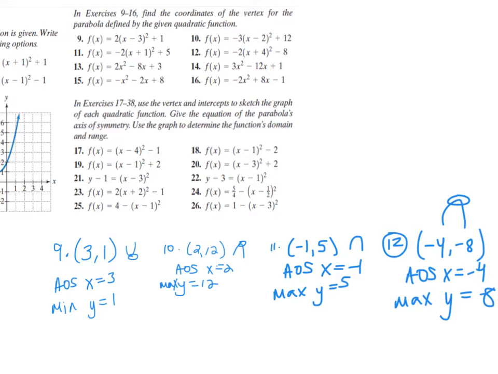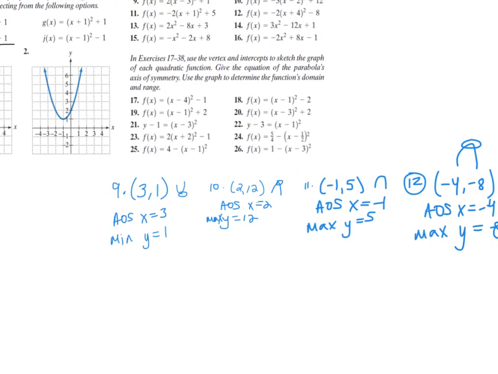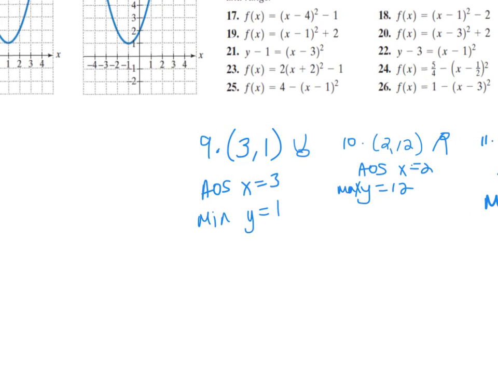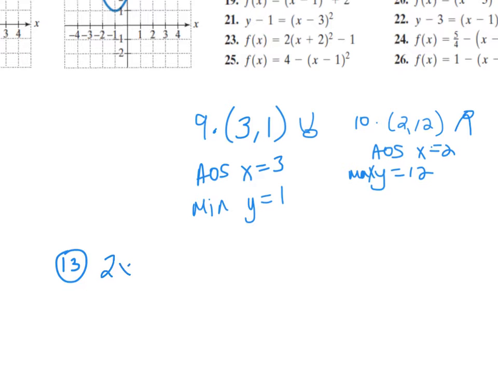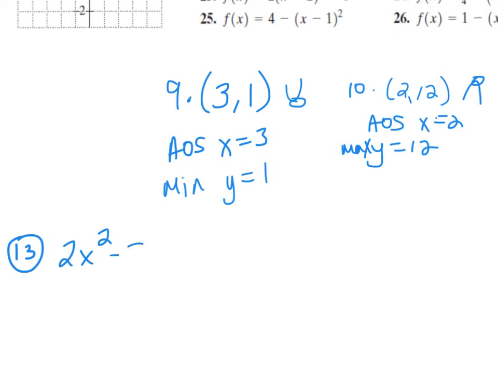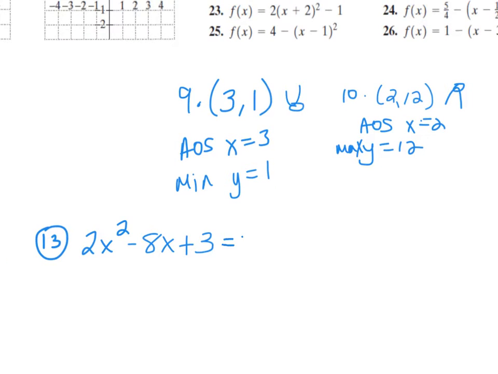All right. Now the other ones are written in what kind of form? Standard. Okay, so 13 is 2x squared minus 8x plus 3, we'll say equals 0.